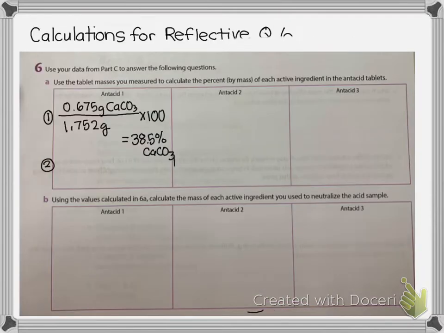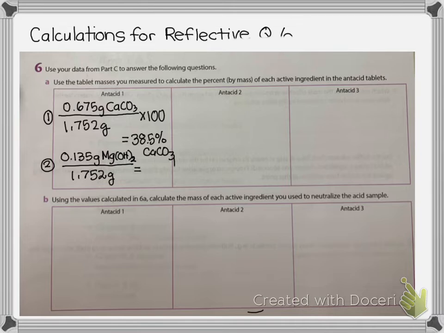So we're going to put the 0.135. That was the grams of magnesium hydroxide. And we're going to divide it by the same number I did before, that's the mass of the tablet.